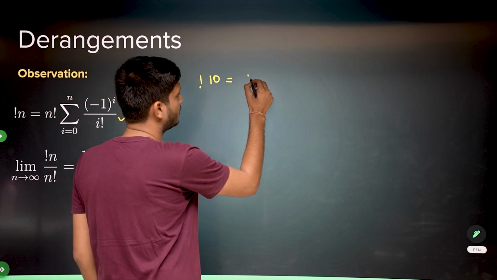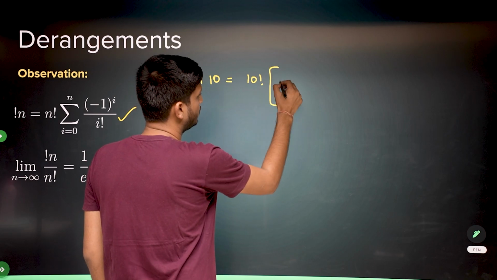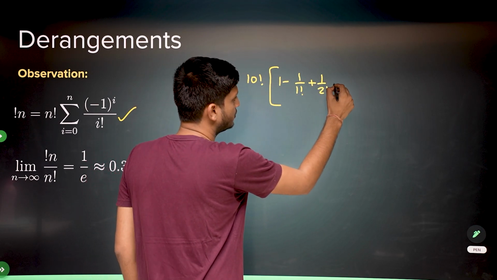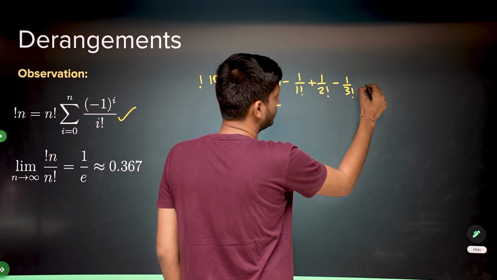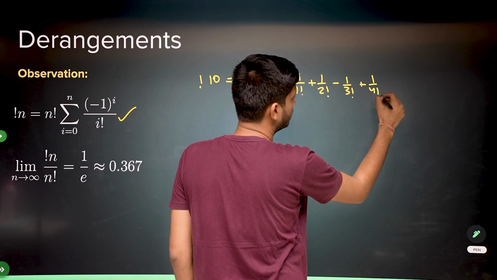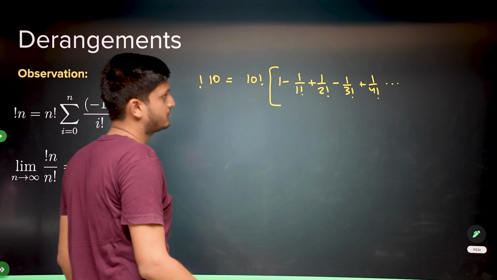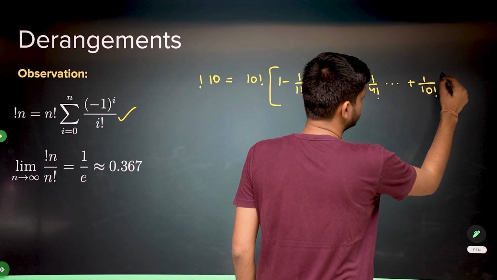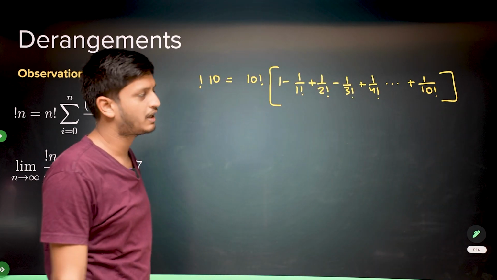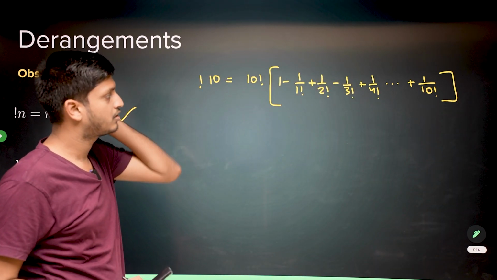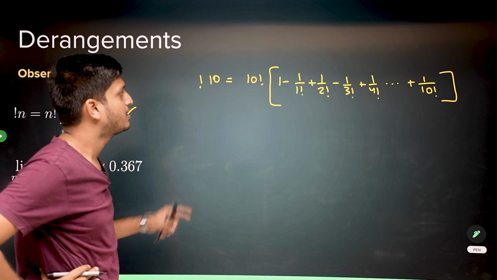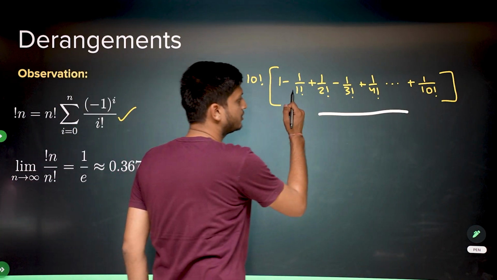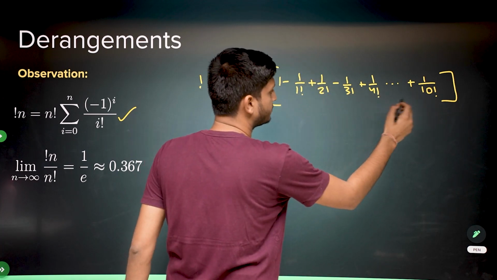It will be 10 factorial times 1 minus 1 by 1 factorial plus 1 by 2 factorial minus 1 by 3 factorial plus 1 by 4 factorial and so on, and at the end plus 1 by 10 factorial. See, calculating this will be very difficult, right? Very huge numbers. It will take a lot of time.